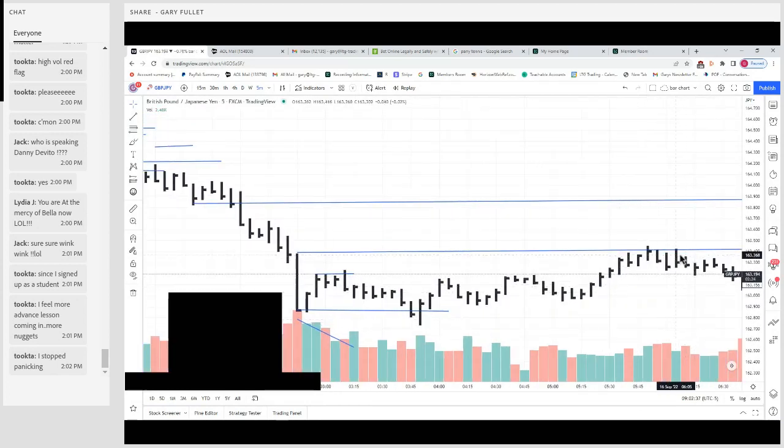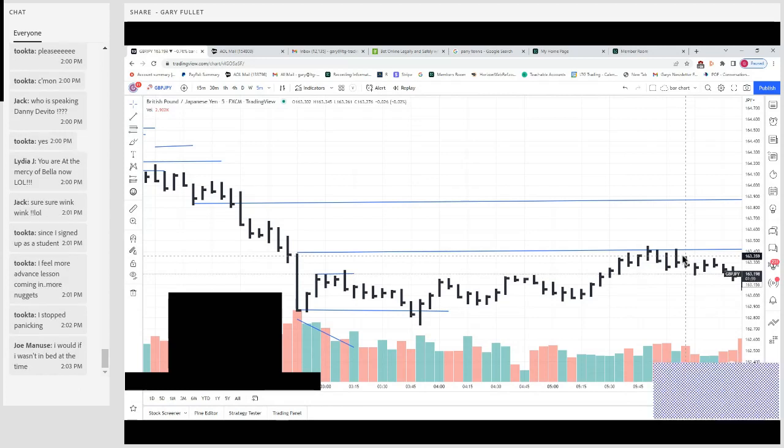Would you take this trade here? Would you take that trade there? Of course you would.